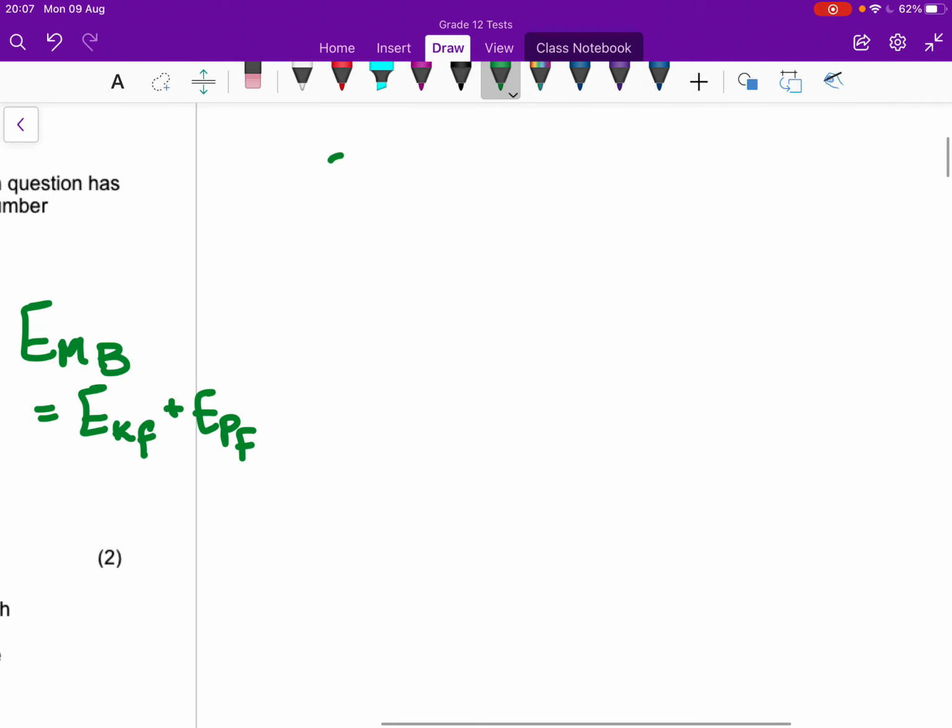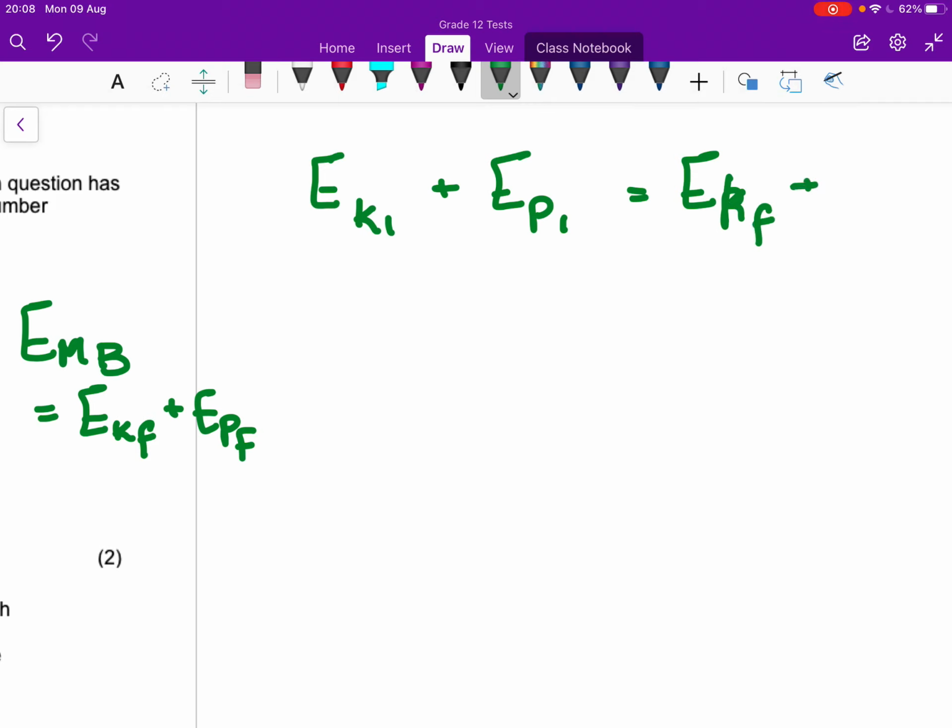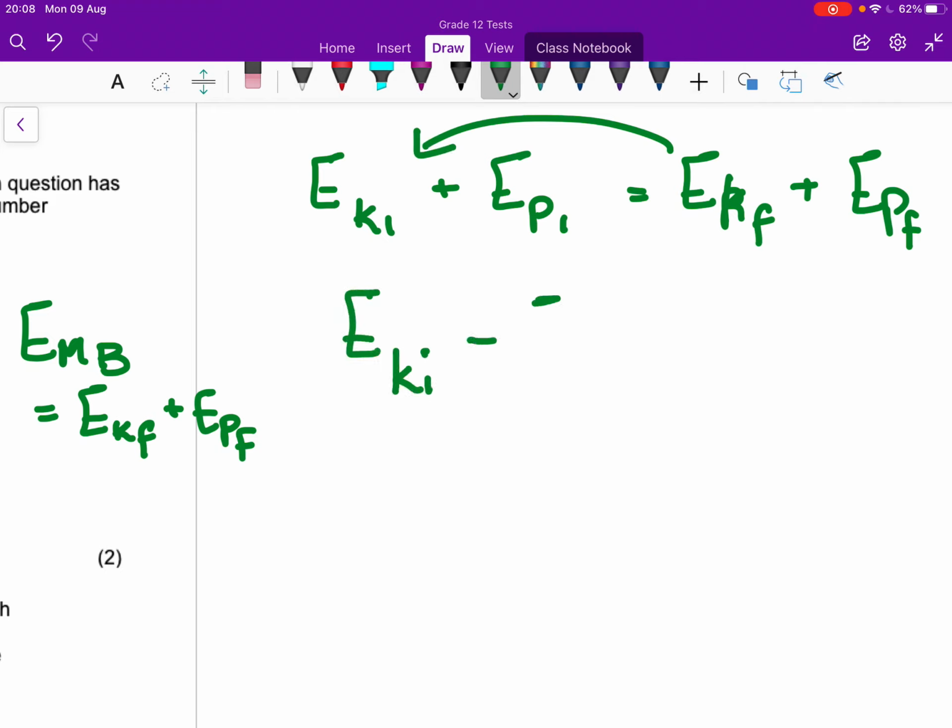So, if I have EK initial plus EP initial equal to EK final plus EP final. I'm going to take the EK over, so this becomes EK initial minus EK final equal to EP final minus EP initial.